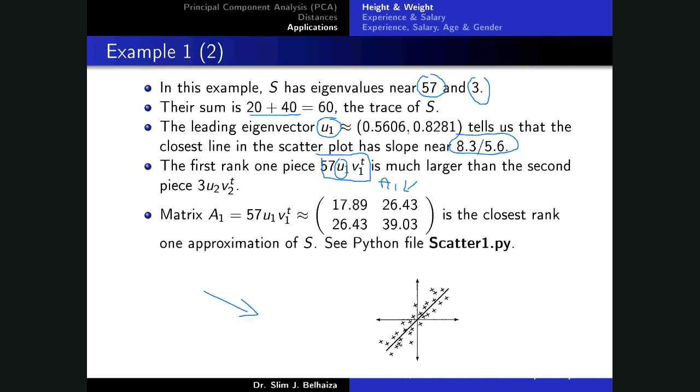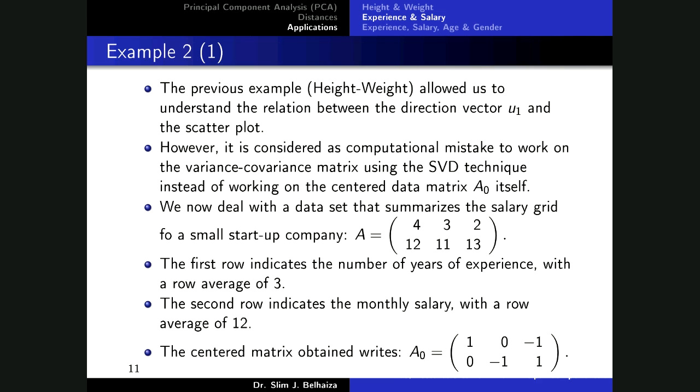It's clear now. Okay, so let's see a second application. The critique about the first application, where we were able to find the line that is the closest, or kind of the least square approximation to our scatter, is that in fact this might not be the right way to do these things.